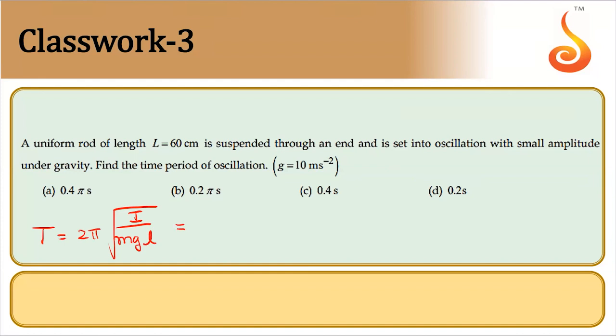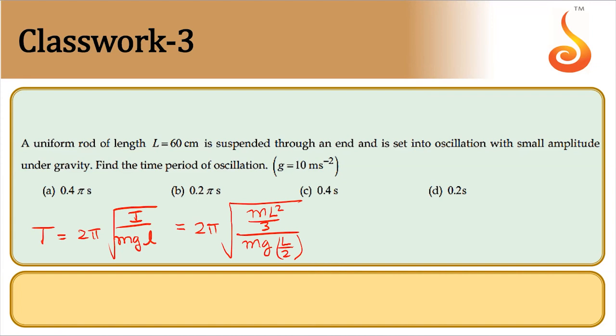So that should be 2 pi root of, it is set into oscillation about one end, so it should be ml square by 3, moment of inertia of the rod, divided by mg into distance of center of gravity, which is L by 2, because it is exactly at the center.